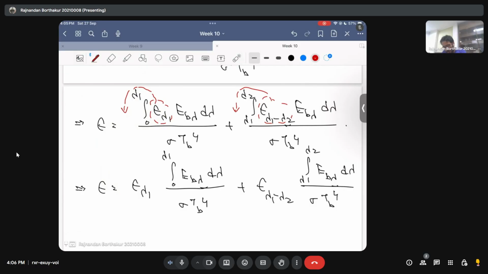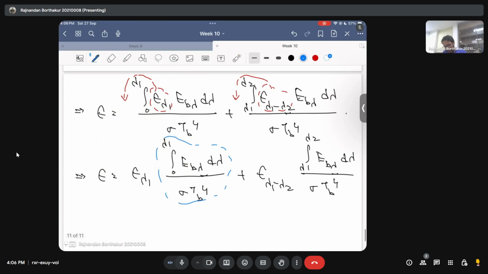Now what basically is this? What does it say? First of all, this looks like a fraction, and it says that out of the total emissive power, what is the emissive power lying between the band 0 to lambda 1? Isn't it just equal to the band emission function f 0 to lambda 1?